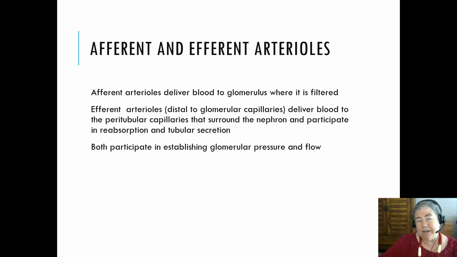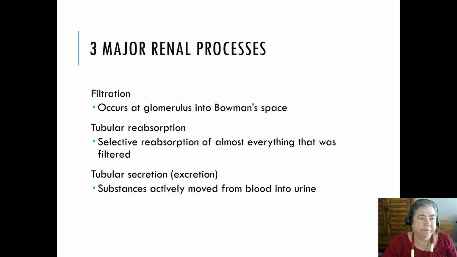We also sometimes secrete stuff back out of the blood into the filtrate in the tubules. So we need capillaries surrounding those tubules. And both the afferent and efferent arterioles, separately controlled, participate in establishing the pressure in the glomerulus and that tuft of capillaries and blood flow through the glomerulus.